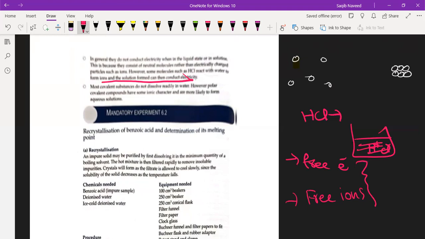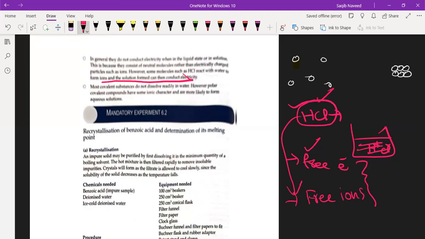I repeat, if someone asks you why iron is a conductor of electricity, you can say that it has free electrons. But when it is asking about a compound, and it tells you the solution of HCl is a conductor of electricity, explain why. If it is a compound, then definitely it would have free ions, because if the examiner tells you that HCl solution is a conductor, then in the solution you would have ions.